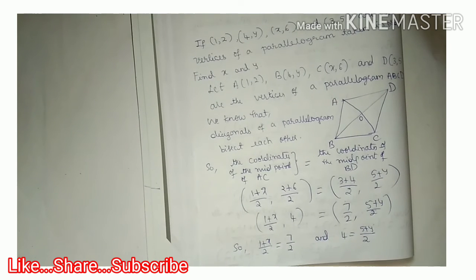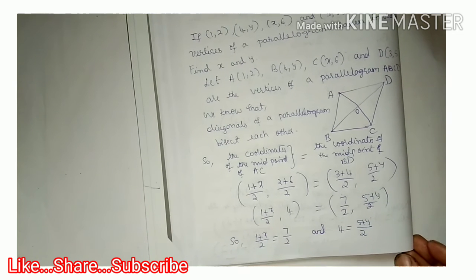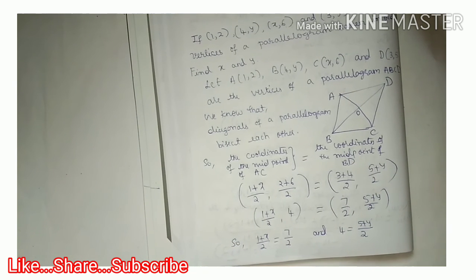Since both are the coordinates of the same point O, we can write (1 plus x)/2 is equal to 7 by 2 for the x coordinate, and for the y coordinate 4 is equal to (5 plus y)/2.